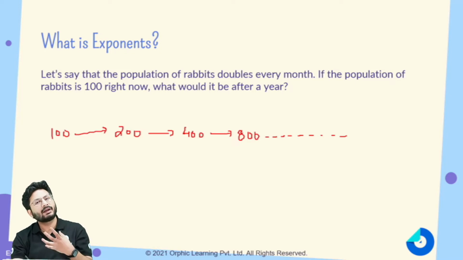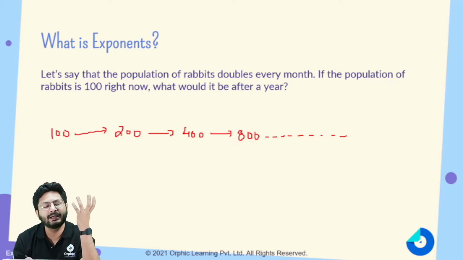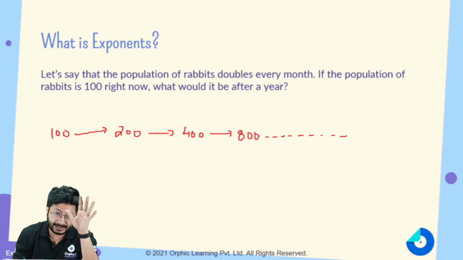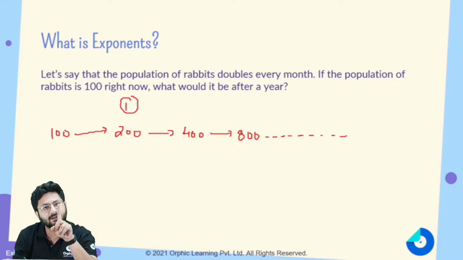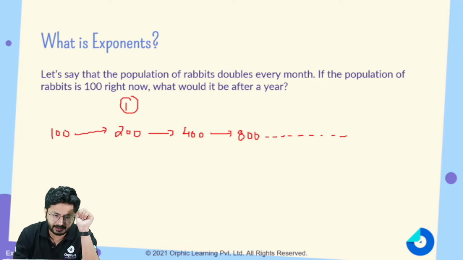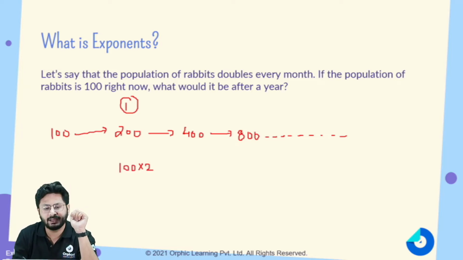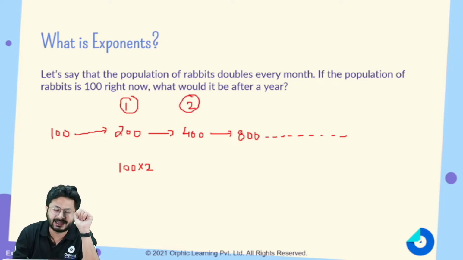So it would be quite difficult to again and again multiply and write down the final number. Now there is an easier way by using exponents and powers. After the completion of the first month, the population is 100 into 2. After the second month, it would be 100 into 2 square.